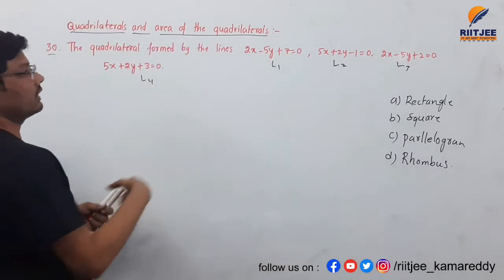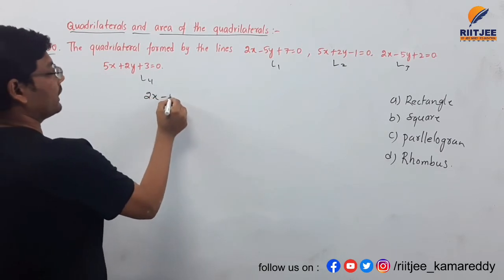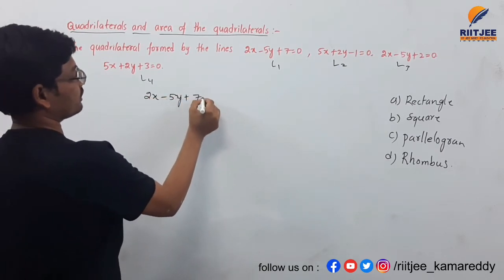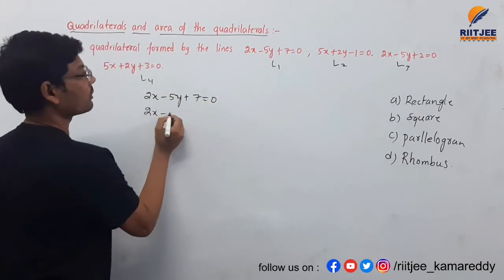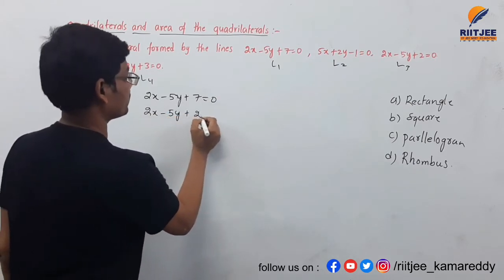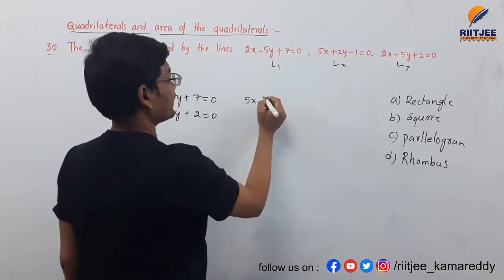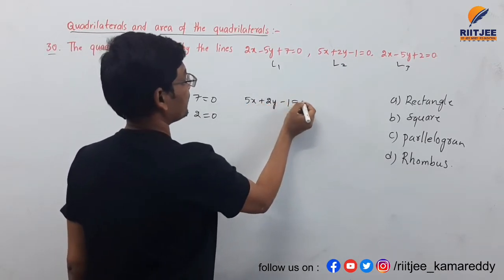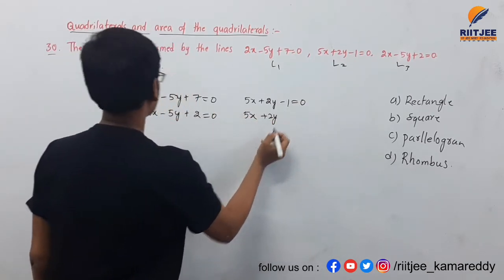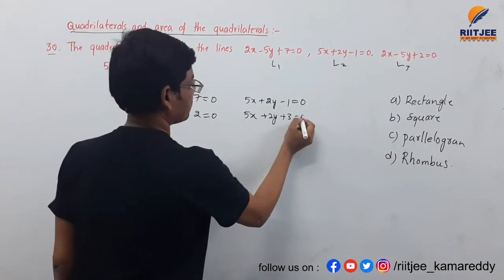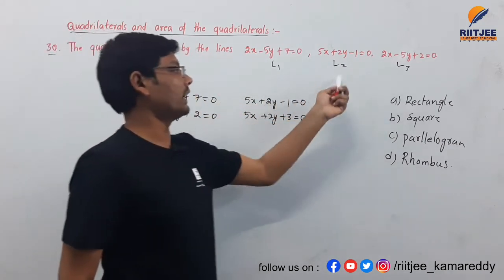I am taking a group of lines here: 2x minus 5y plus 7 is equal to 0, with the combination of this line, that is 2x minus 5y plus 2 is equal to 0, and here 5x plus 2y minus 1 is equal to 0, and 5x plus 2y plus 3 is equal to 0. I am taking L2, L3 and L2, L3 here.